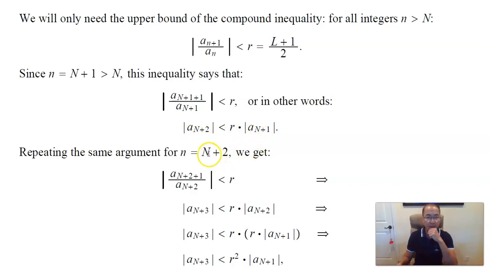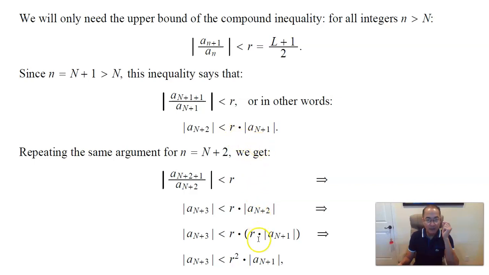Okay, now do it again for the next integer, which is N plus 2. So this will be a_{N+3} and a_{N+2}. All right, so we now get |a_{N+3}| is smaller than r times |a_{N+2}|. But we know something about a_{N+2}.